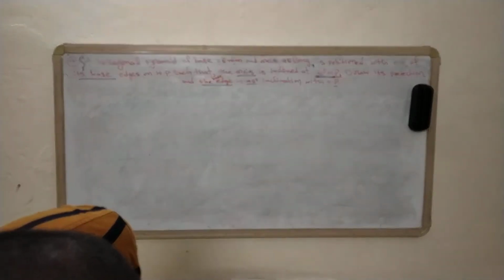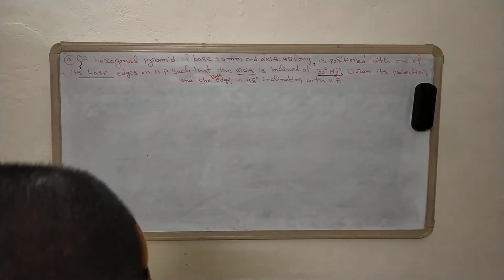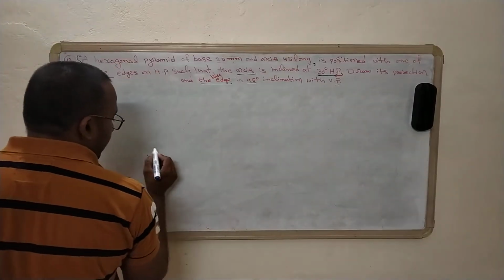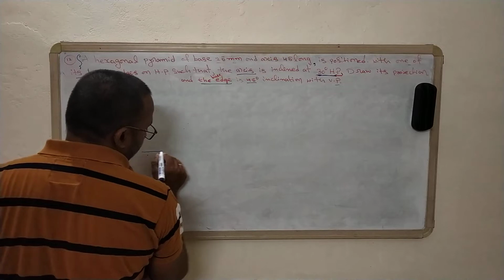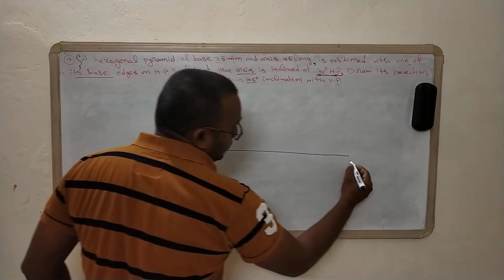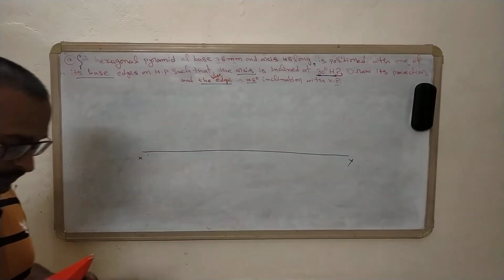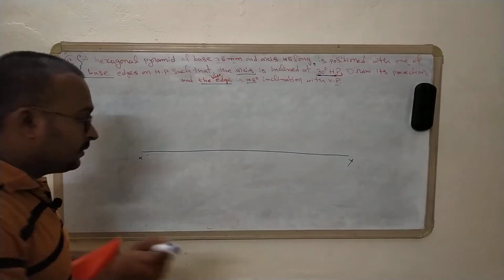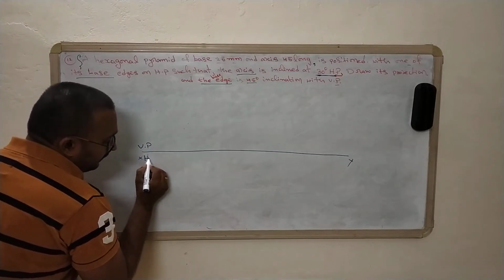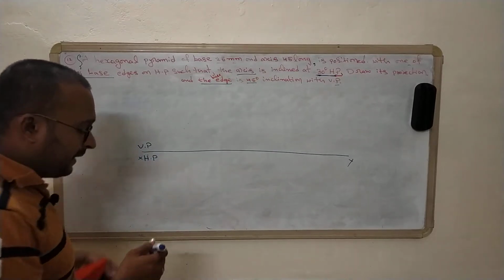So here you can observe the XY line, here it is the vertical plane, and the horizontal plane.